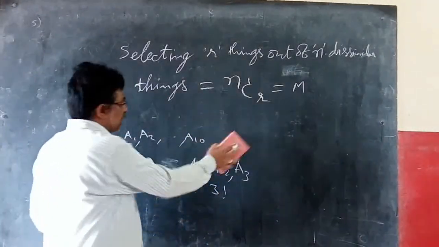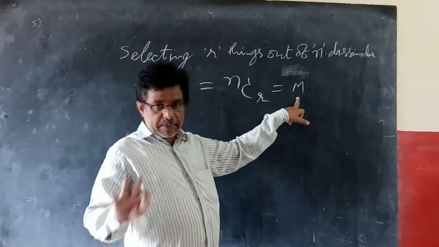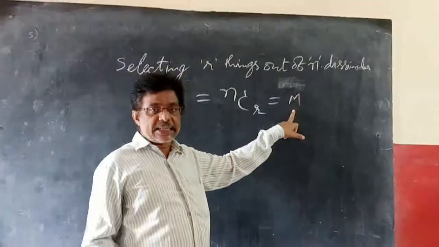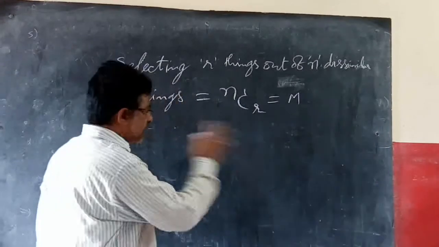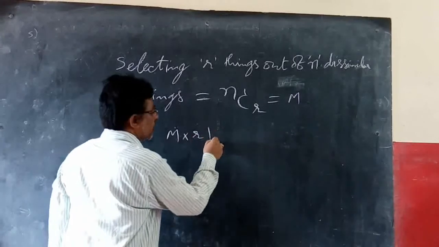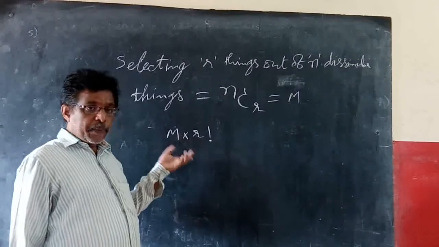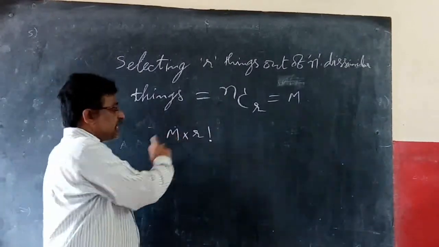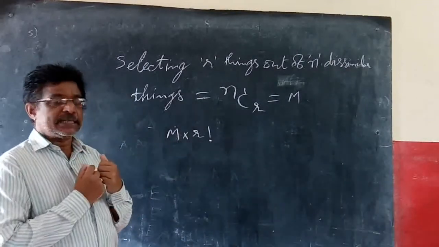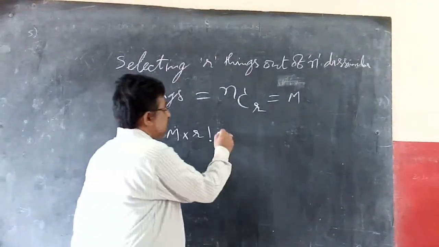So I am selecting r things out of n things in m ways. Now if I want to arrange these r things, how many ways can I arrange? m into r factorial ways. After selection, I am arranging those r things in a row, so I can arrange in r factorial ways.